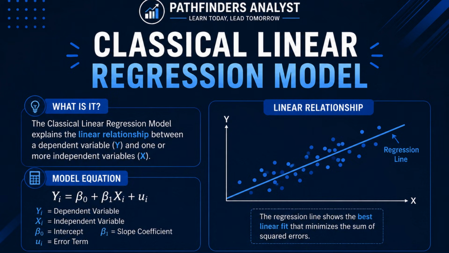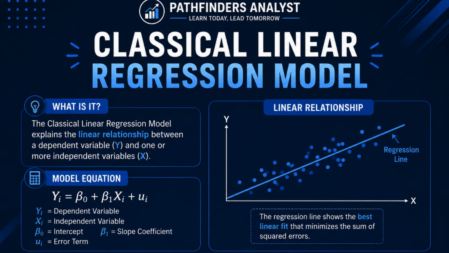The error term is extremely important because we cannot normally explain every factor that affects y using the variables included in our model. For example, when explaining income using education, income may also depend on experience, skills, location, industry, family background, and many other factors. If these factors are not explicitly included in the model, their combined effect is represented through the error term.